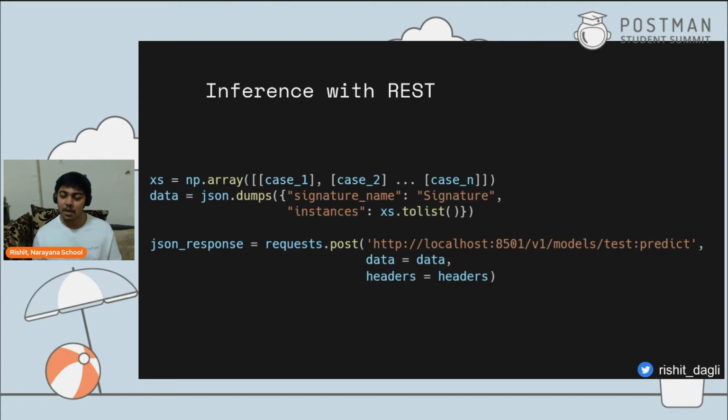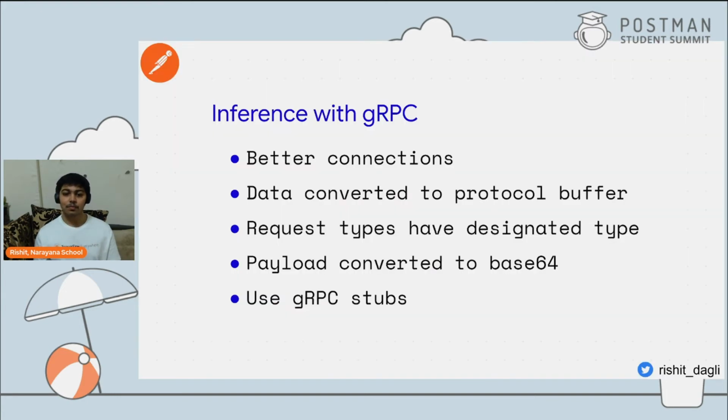You can see I'm just passing all of my data, which is a list of lists, under instances, and giving it to my API, which then runs the model and gives me back the inferences. So you can see that we have indeed built a super consistent API for our machine learning models.